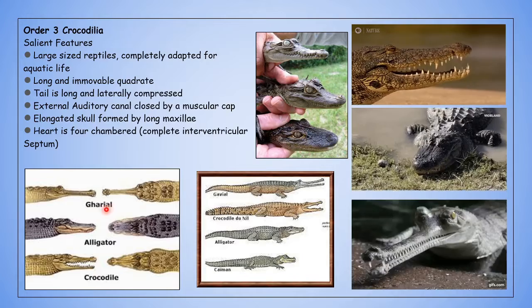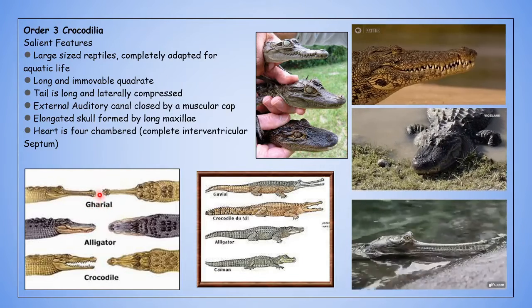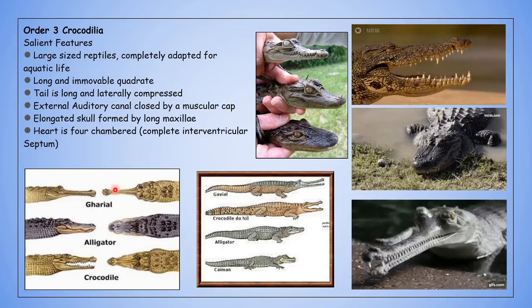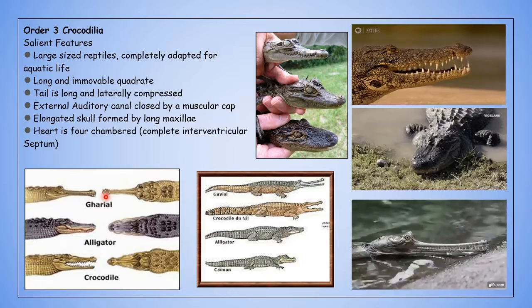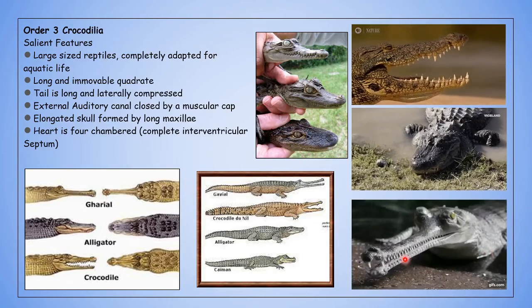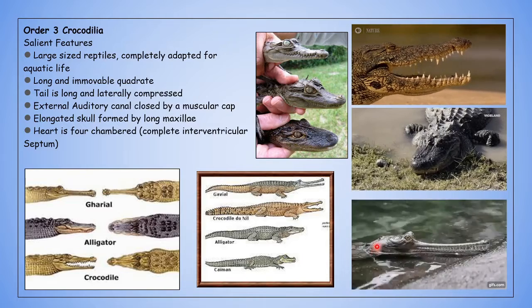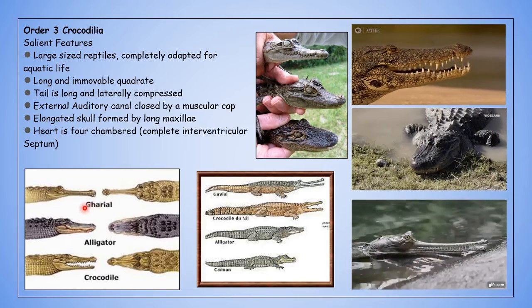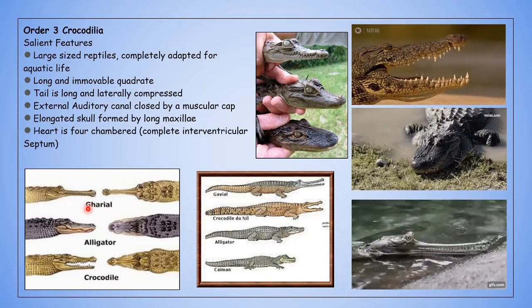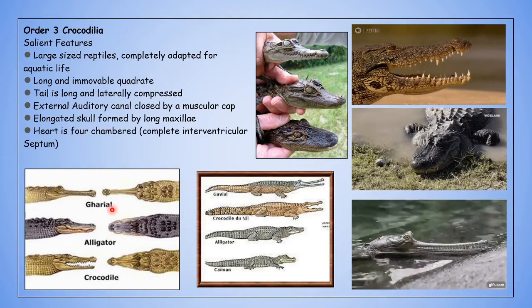Gharial is the crocodile which is seen in our Ganges. The name gharial is because of the tip. You can see this is the snout, and at the tip of the snout there is a small bulging. Gharial in the local language denotes the mud pot which is placed upside down.